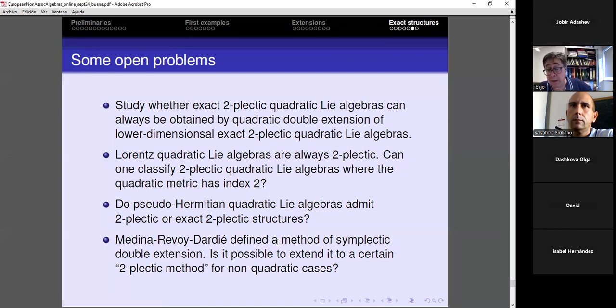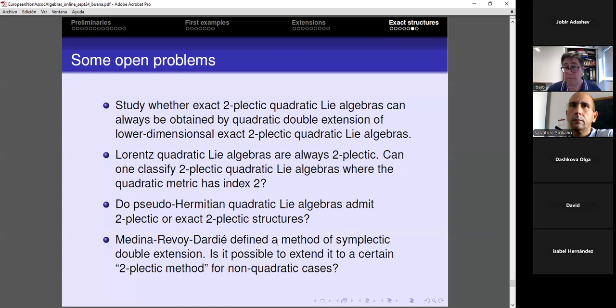So we know that that happens in the two-plectic case, but maybe in the exact two-plectic case, and remember that, for instance, that case that I mentioned of the T star extension of the Heisenberg Lie algebra did not admit any exact two-plectic structure. So I have the feeling that this might work.